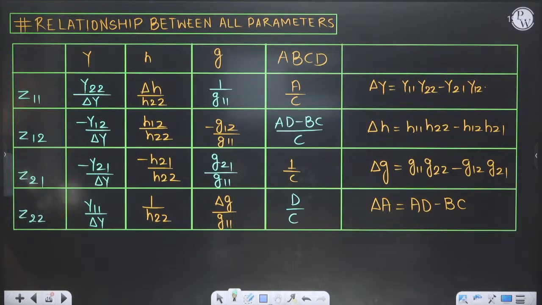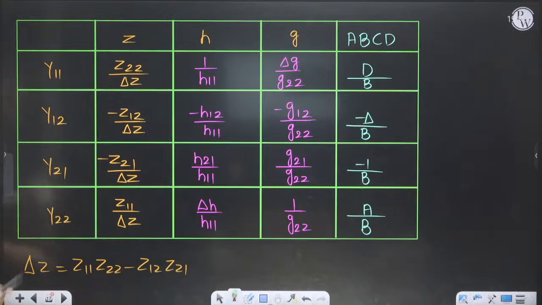This is the parameter relationship. Z parameter in terms of Y, in terms of H, in terms of G, in terms of ABCD. And I taught you the derivation also in the fourth class, lecture 4. Y parameter in terms of Z, H, G and ABCD.